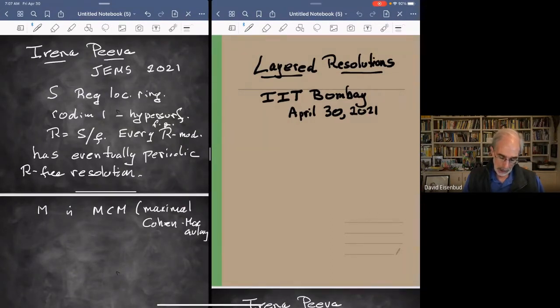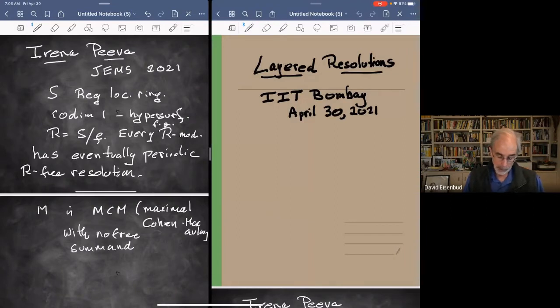And in that case, M has almost a periodic resolution, but M might still have a free summand. So I'm going to assume that it has none, no free summand. After all, the module you started with might have had finite projective dimension, in which case M would be free if you take that syzygy.